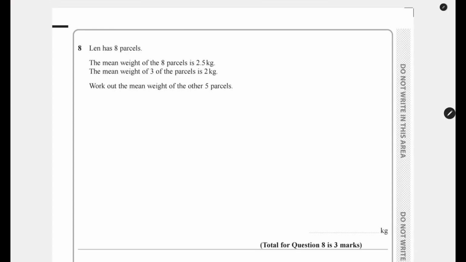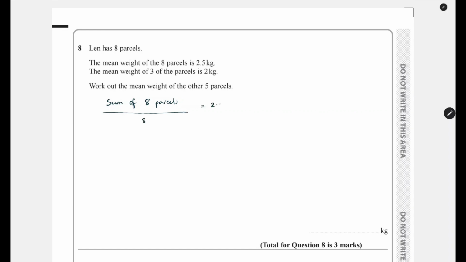Question 8 says that Len has 8 parcels. The mean weight of the 8 parcels is 2.5 kilograms, and the mean weight of 3 of the parcels is 2 kilograms. Work out the mean weight of the other 5 parcels. To work out mean, we know that we need the sum of the 8 parcels over the total number of parcels being 8.